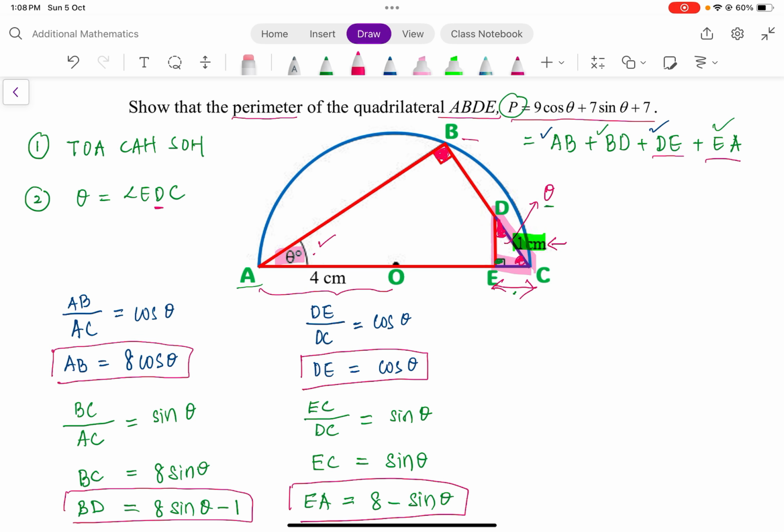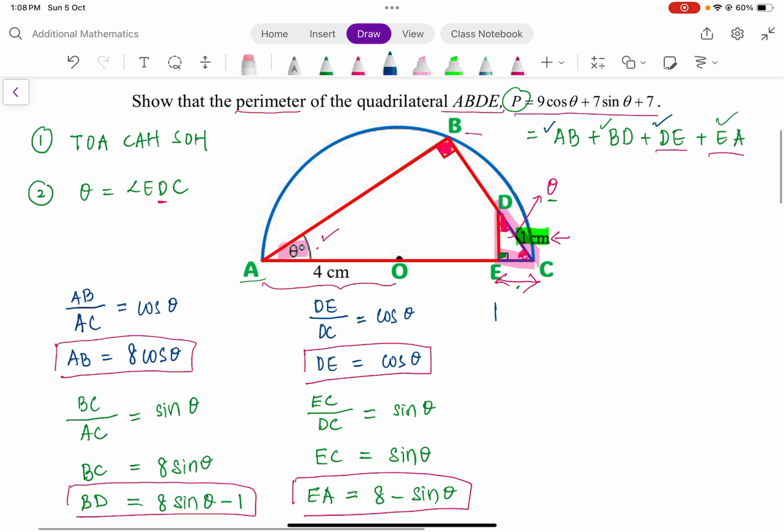Putting everything together, to find P, the perimeter, this will give me 8 cosine theta plus BD, that is 8 sine theta minus 1. Then I add DE, which is cosine theta. And the last one, EA, that gives me 8 minus sine theta.